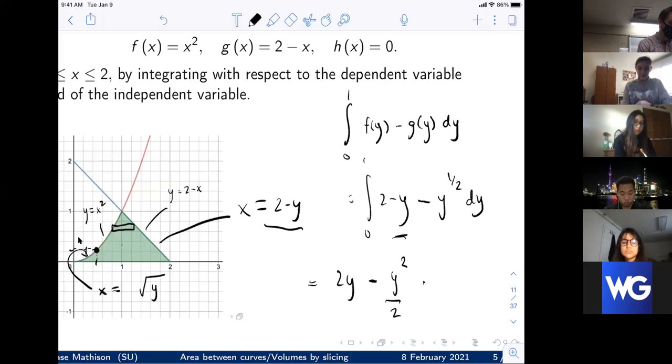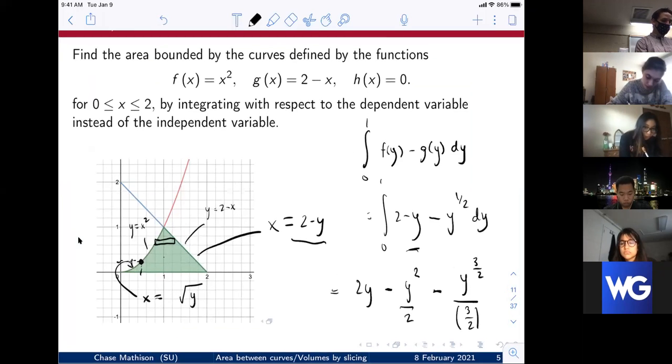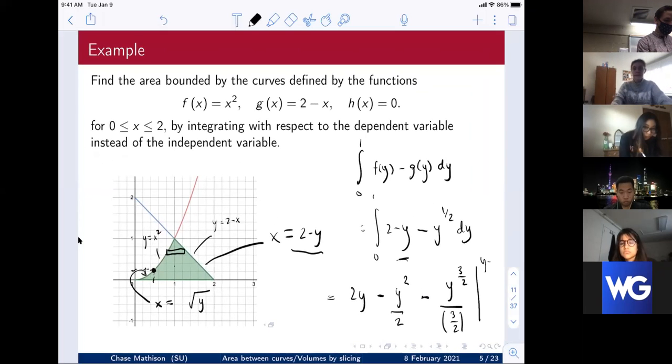Okay, and then minus, just like Connor said, the new exponent here is going to be 3/2, 1 plus 1/2, or I guess 1/2 plus 1, right? So I'm going to get y to the 3/2 divided by that new exponent of 3/2. I evaluate this at y equals 1 and y equals 0. Everybody okay with that so far? Everybody at home? Any questions?